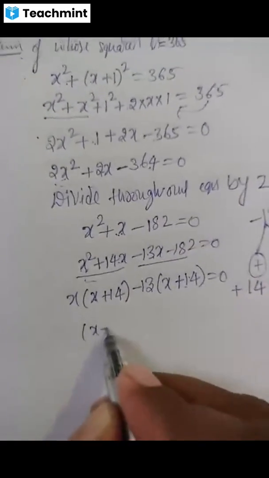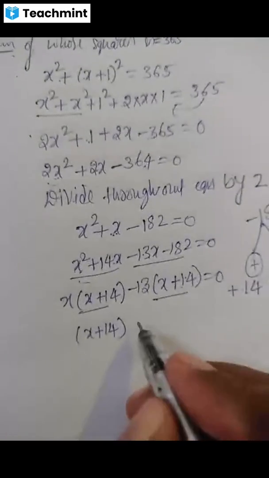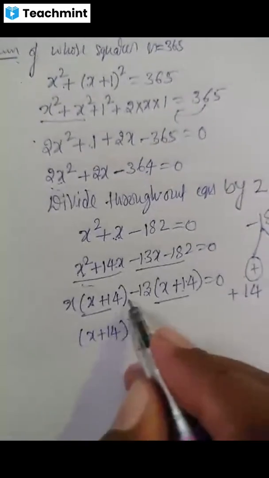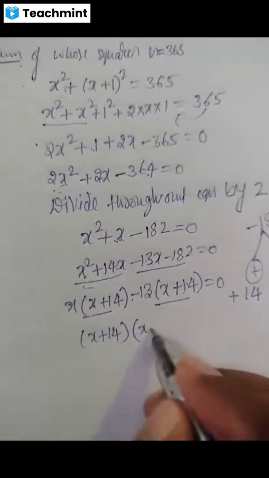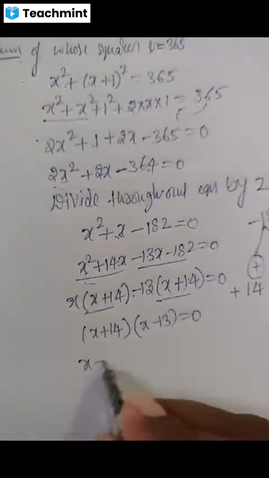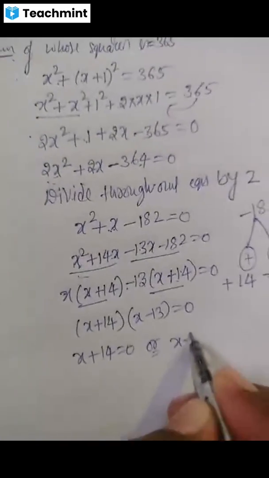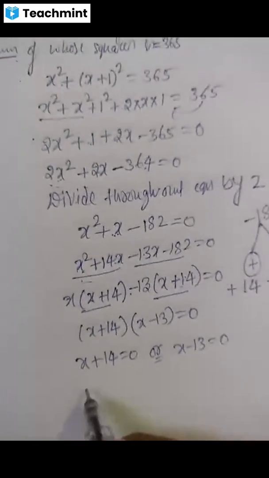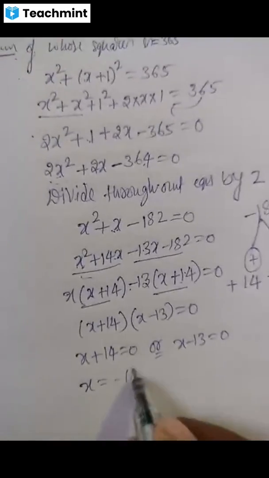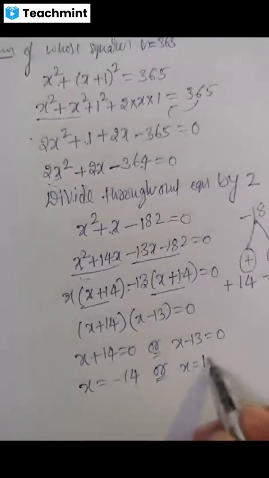So x plus 14 is common in both the factors. Taken out, what will remain? x minus 13 will remain in the bracket equal to 0. So x plus 14 equal to 0 or x minus 13 equal to 0. So x is equal to minus 14 or x is equal to 13.